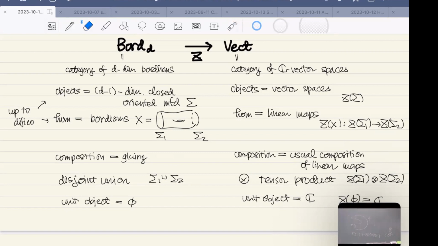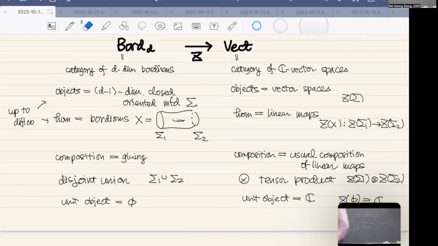So I identify Z of X as a complex number in this case.